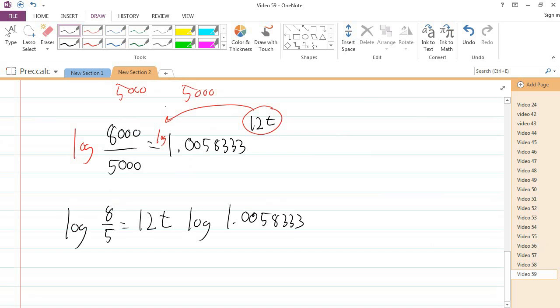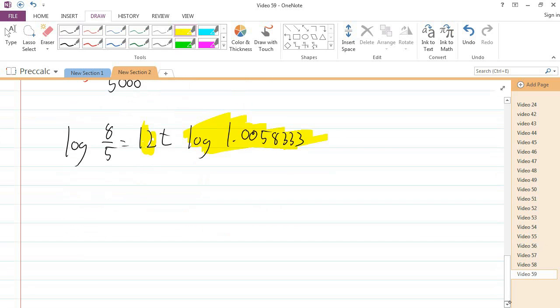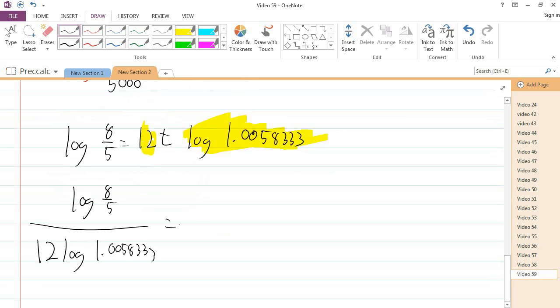I can then divide everything that's not the t over to the other side. Log of 8/5 divided by 12 log of 1.0058333 equals t.